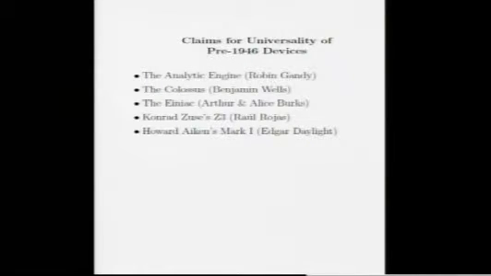I heard a talk by Benjamin Wells a couple of years back in which he claimed the Colossus, which was an electronic device used for decryption at Bletchley Park, was universal. The ENIAC was claimed to be an all-purpose machine.